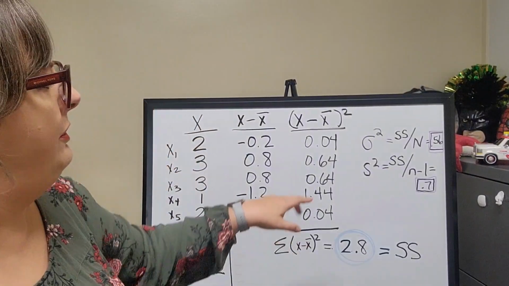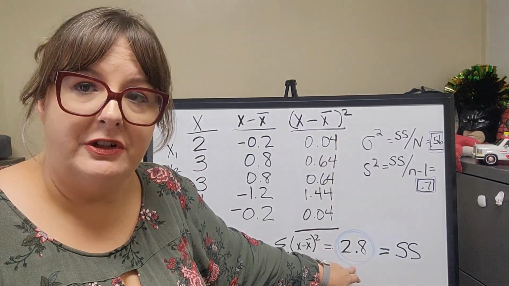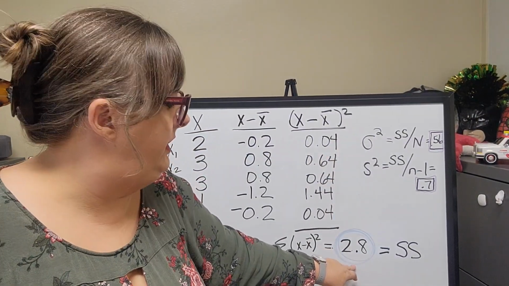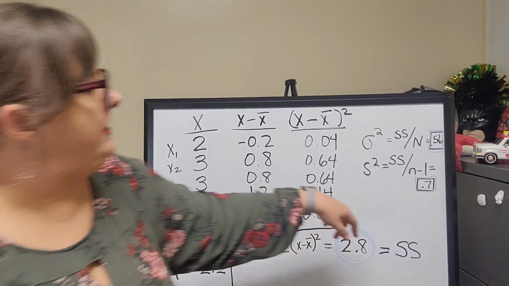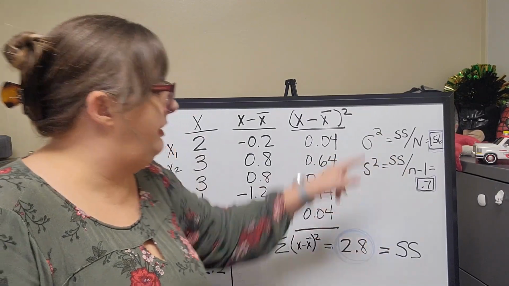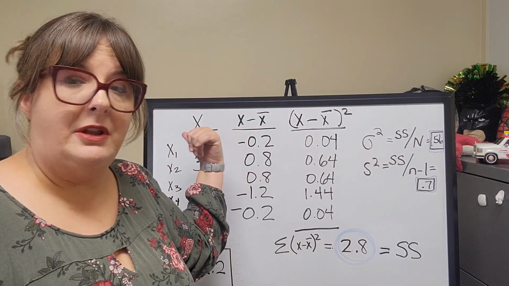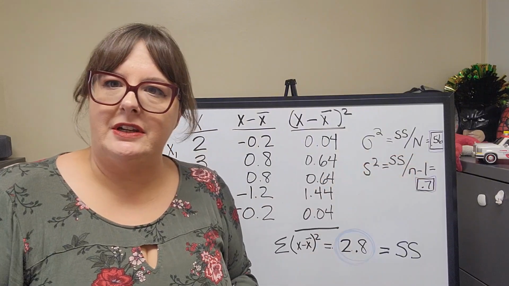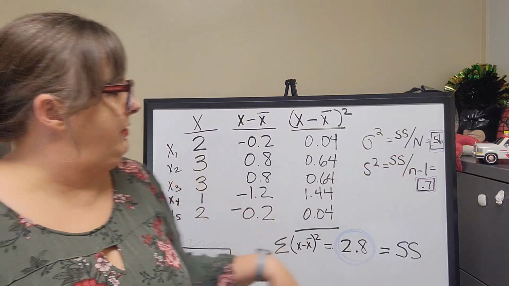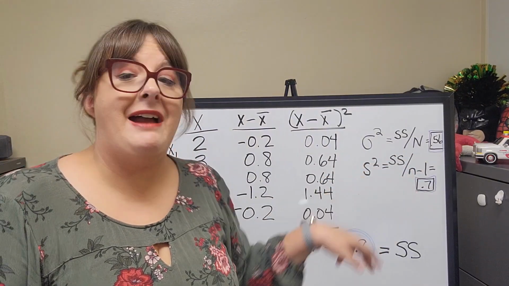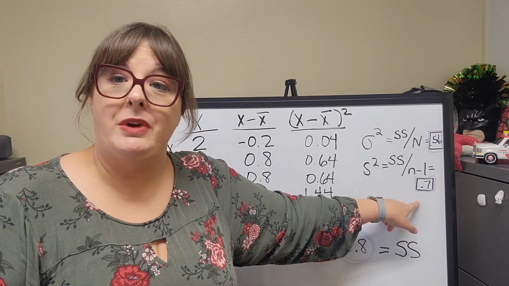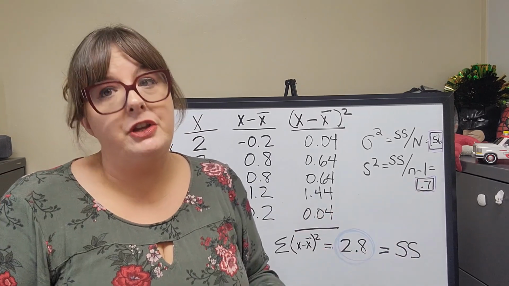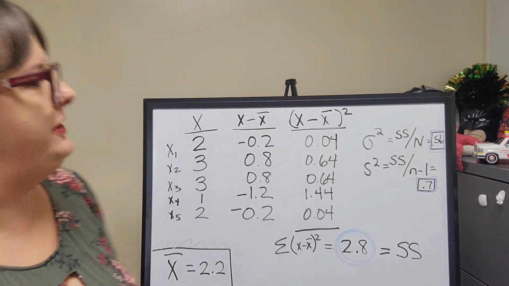So using our formulas and using the value for sum of squared deviations that we got previously, 2.8, if we divide 2.8 by 5, if it was a population, we get 0.56. If we say this is a sample, we divide 2.8 by 4, which gives us 0.7. So you do get a different value depending on whether it's a population or a sample.